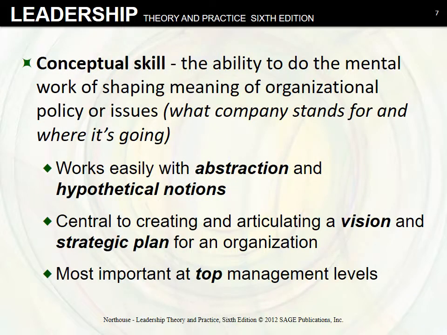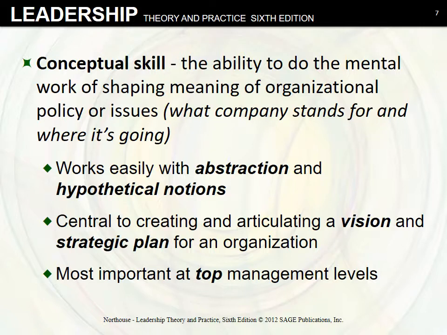And then there's conceptual skill. And this really kind of relates to strategic planning. If you go back to thinking about strategic planning, remember when we talked about strategic planning and I said my favorite strategic planning diagram from that Bryson book is that three-part one, that triangle that says, this is where the organization is, this is where we want to go, and this is how we're going to get there.